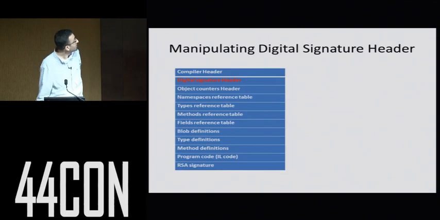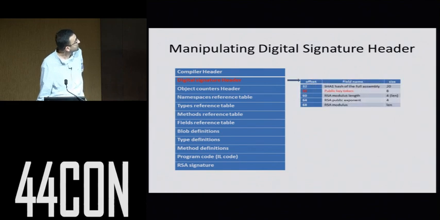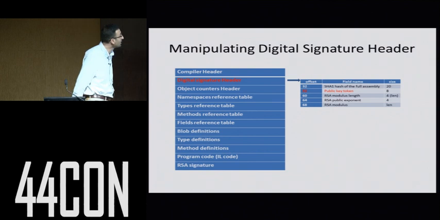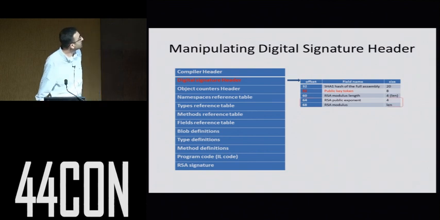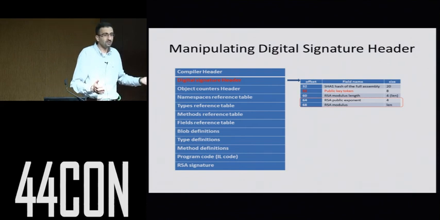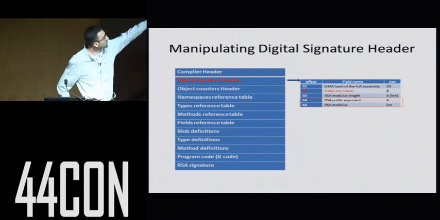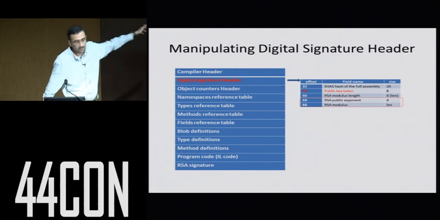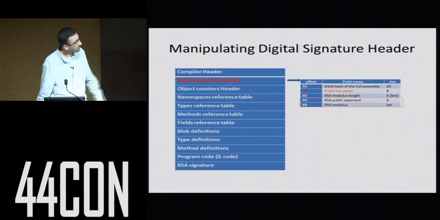So let's take a look at this header in detail. And here are the members of that digital signature header. As you can see, there are 2 fields, RSA public exponent and RSA modulus. You may know that an RSA public key consists of just these 2 values, the public exponent and modulus.